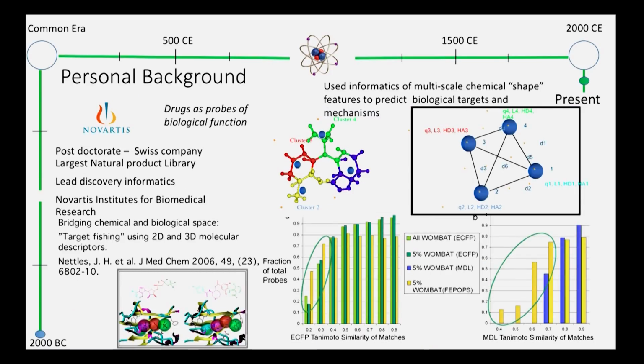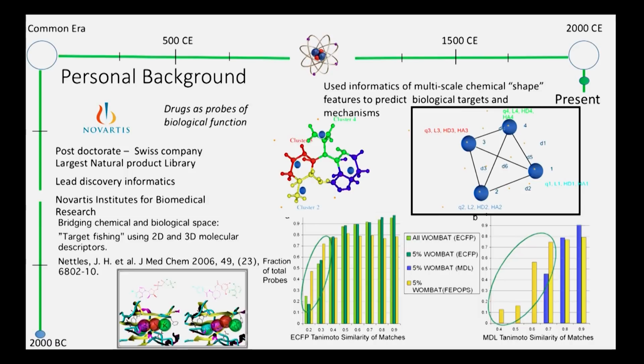This is additional work that I did as a follow-up from there. I went to work for Novartis, who also has the largest natural products library of all the pharmaceutical companies. In my capacity, I'm working in informatics. In this case, we're using drugs as probes of function.